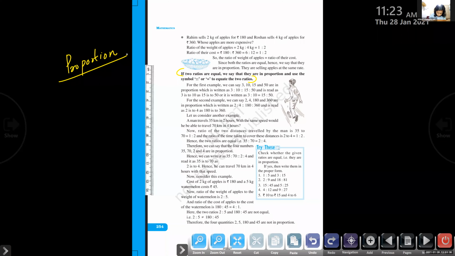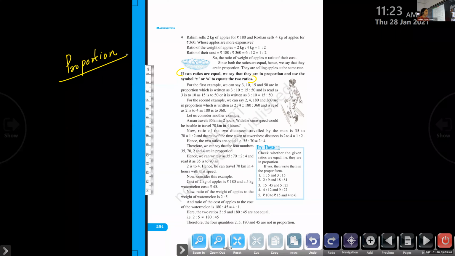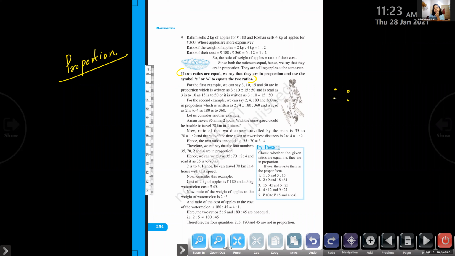And will you write this? If two ratios are equal, we say that they are in proportion and use the symbol. Can you see 4 dots here?